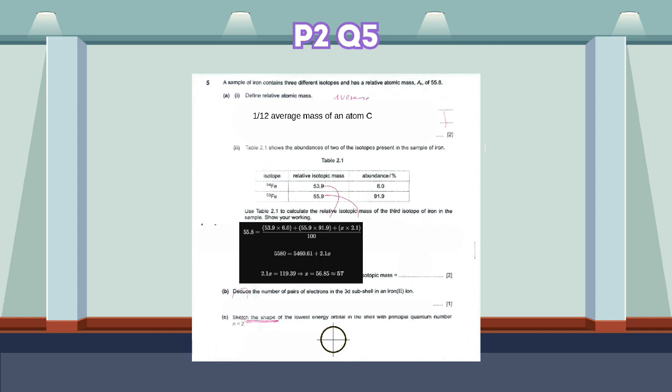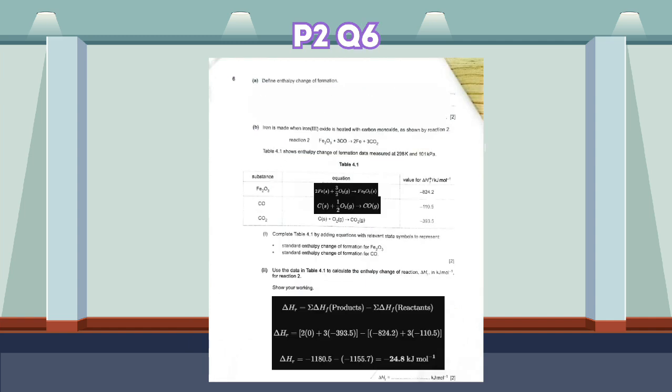And then for the next question, define enthalpy change of formation. It is the heat absorbed or released when 1 mole of a compound is formed directly from its constituent elements in their most stable standard state.